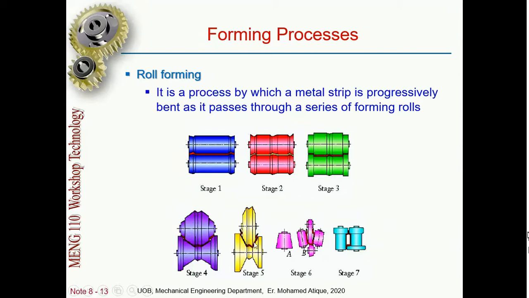Then again this part was made to a lesser width V shape. Then the final product will be whatever product we want. So here the straight sheet metal was formed to this kind of shape. See here, almost a U shape, and then the final closed D shape. So the straight sheet was bent to this D shape, but in 7 stages.